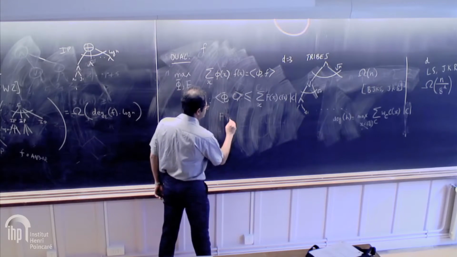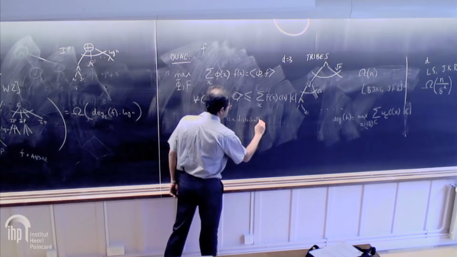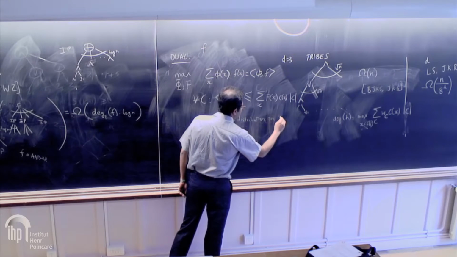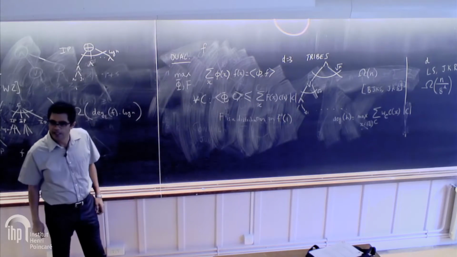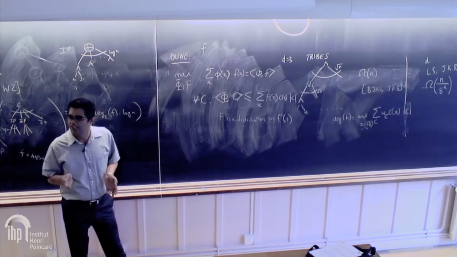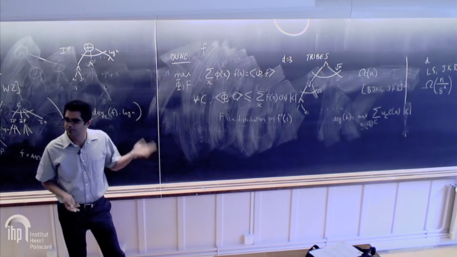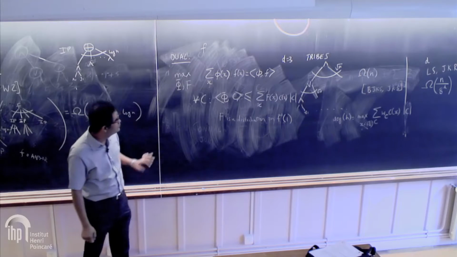F is a distribution on the ones of F, on the inputs of F. Okay? And this particular thing you can think of as Yao's lemma in action, that if you have some worst case measure, you look at the dual and that gives you some distribution on the inputs. Okay? So that part is fine.